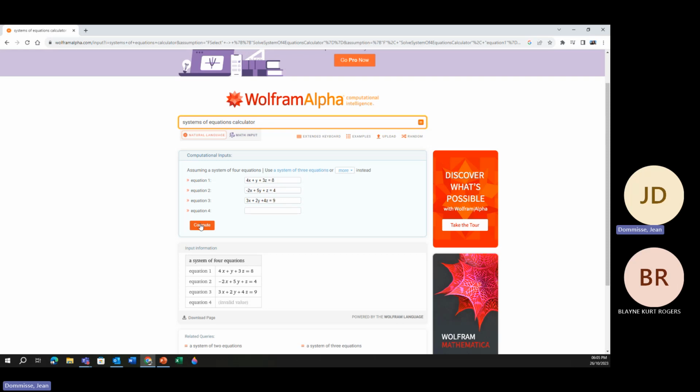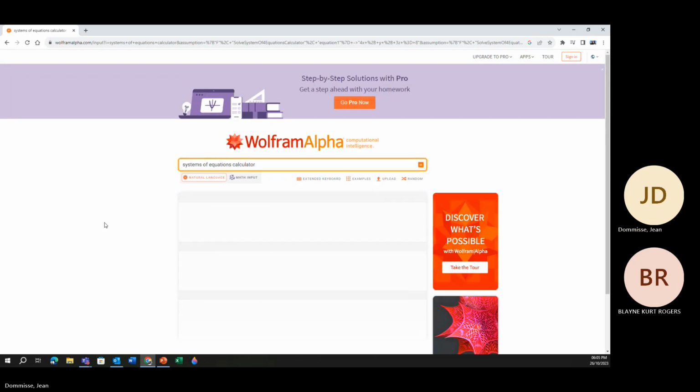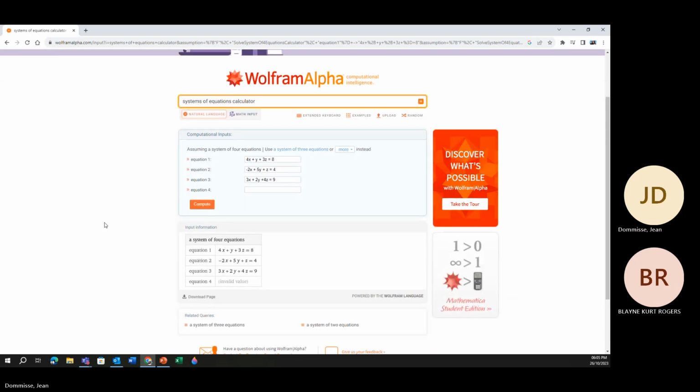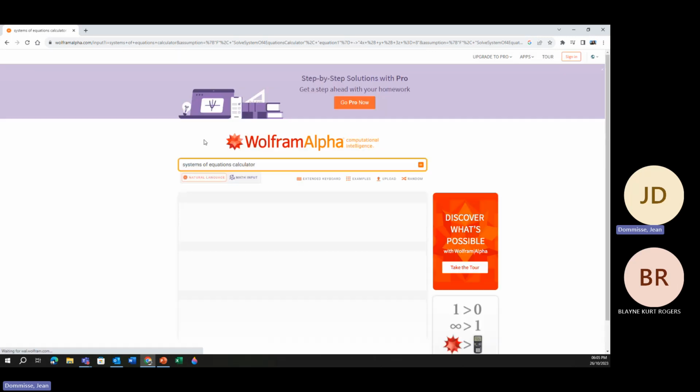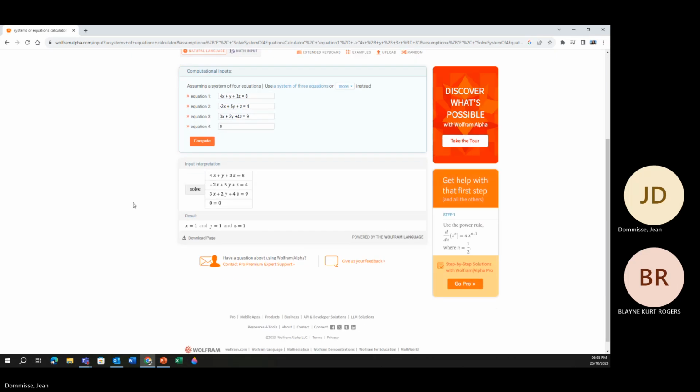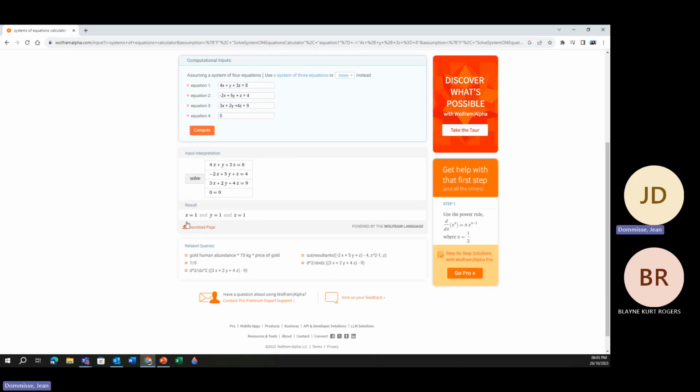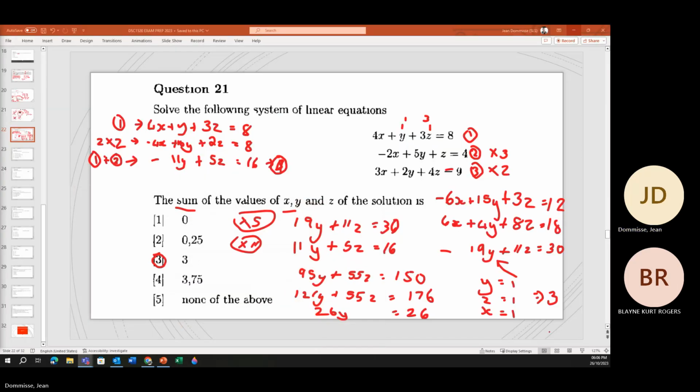Okay, so that looks like it. Okay, here's your x equal to 1, y equal to 1, z equal to 1. So then it's easy for you, if you need to add those three, to also get to the sum of 3.